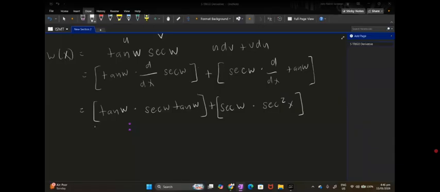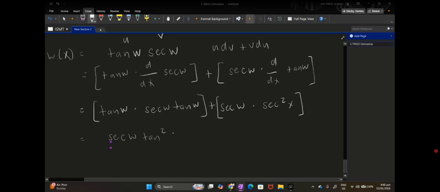Now, pwede na natin sila pagsamahin. It's gonna be secant W tangent squared W plus secant cubed W. Hindi pala dapat x to.